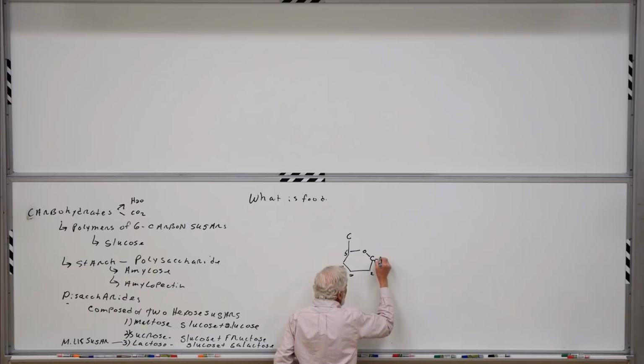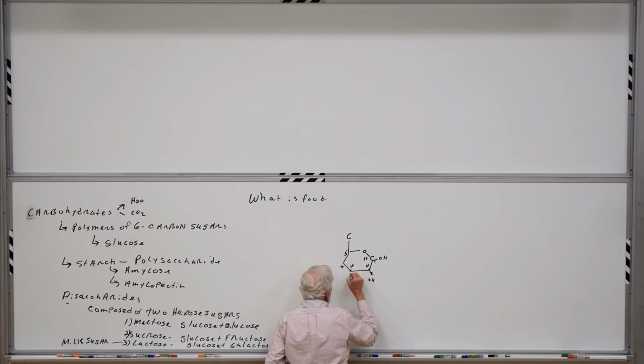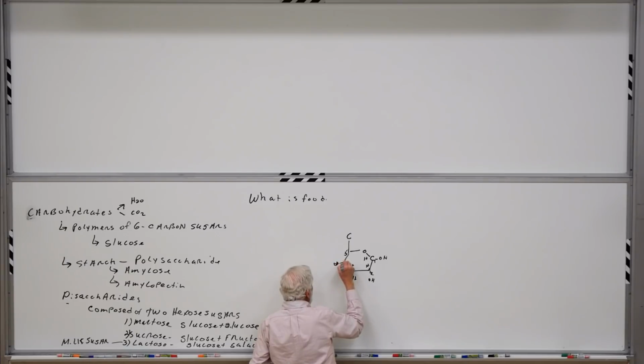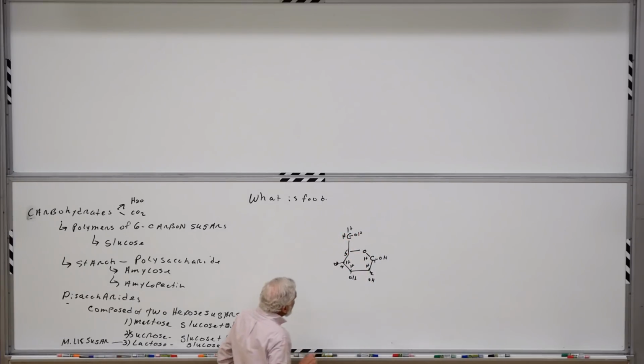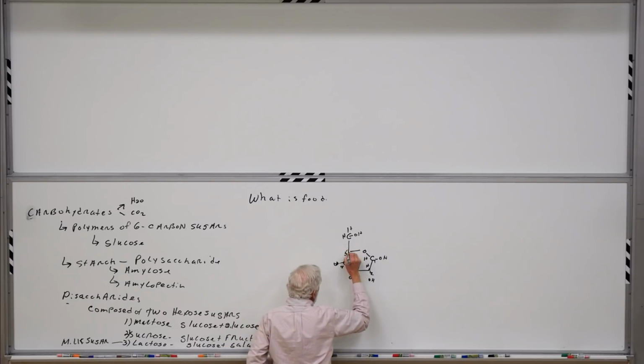Each one of these carbons has a hydroxyl and a hydrogen, OH and an H. And up here, there are 2 hydrogens at the number 6 carbon and an OH. And also 1 hydrogen out here.